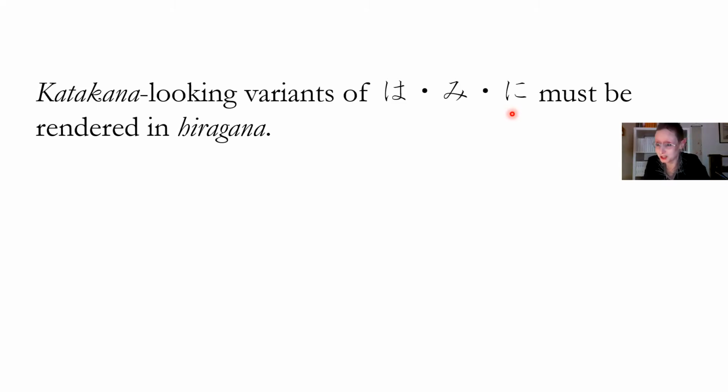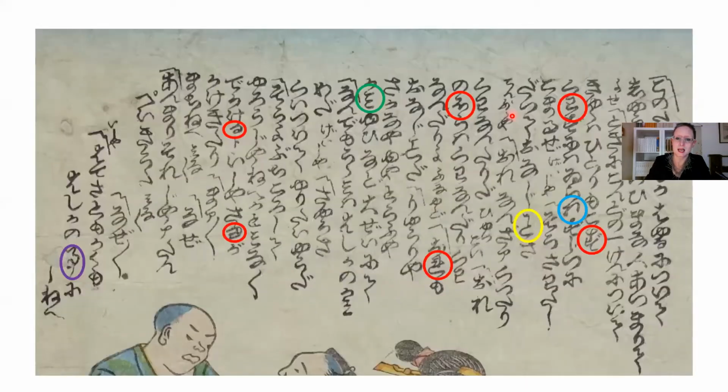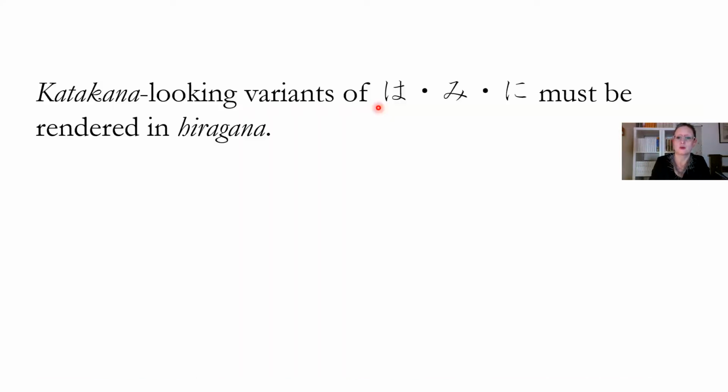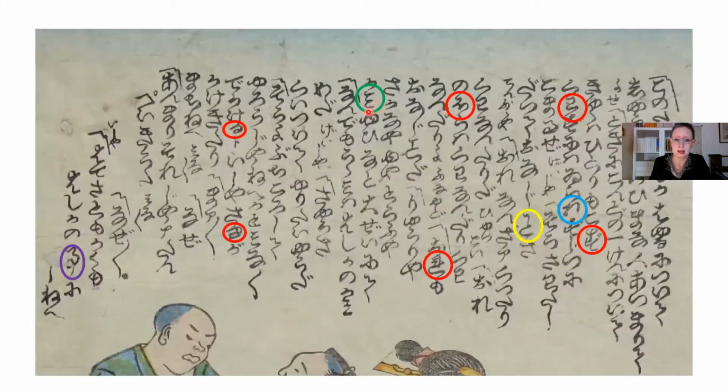So to keep you hooked for the time being, remember that when in this text you see this shape, which is mi, katakana looking mi is not katakana. Careful though, this applies only to ha, mi, and ni. It doesn't apply to other katakana that you will find in this text.